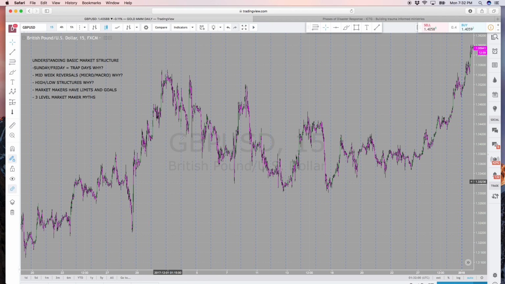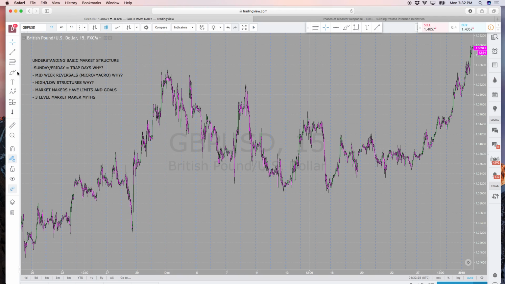We know that the market maker can't go up 300 or 500 pips a day on GBP/USD. Its normal range is like 70 to 150 pips a day. We already know that, and that's normal for most pairs.